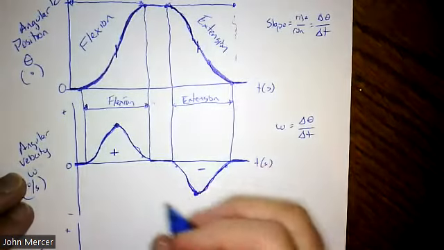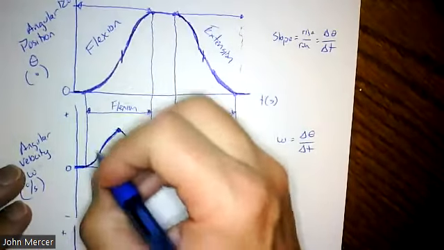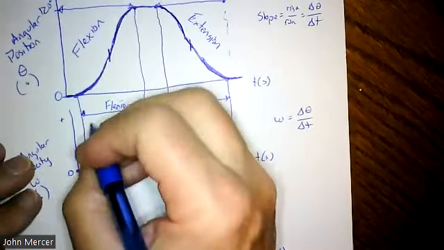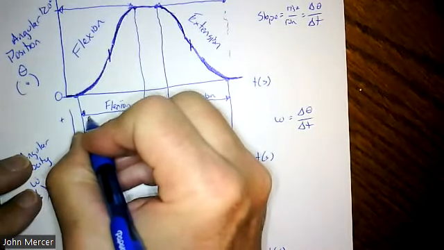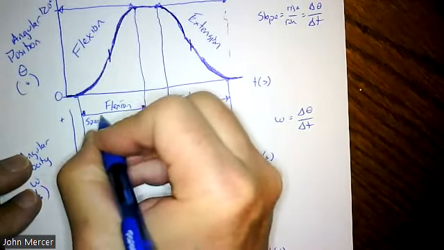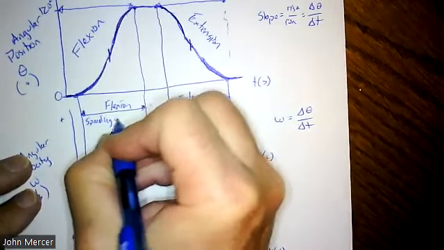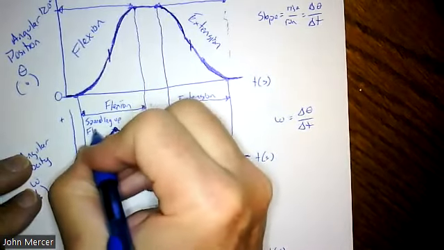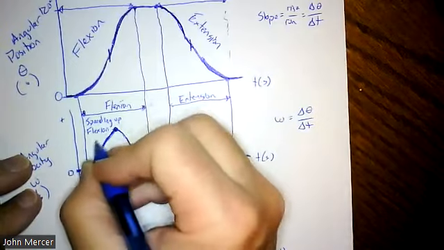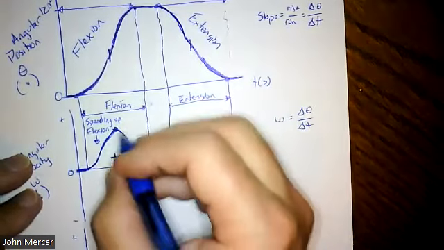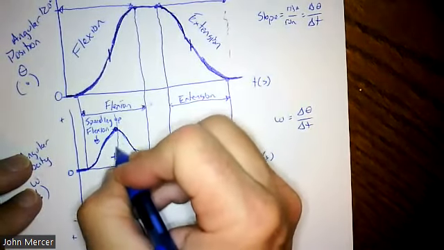This is going to be, let me see where I'll write this. You're going to get the notes. I will write speeding up through flexion in this region, okay? Anywhere in here.